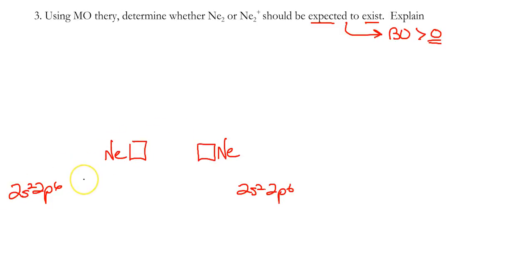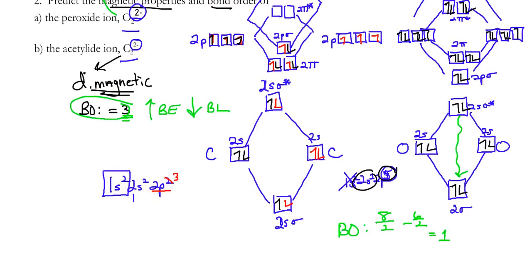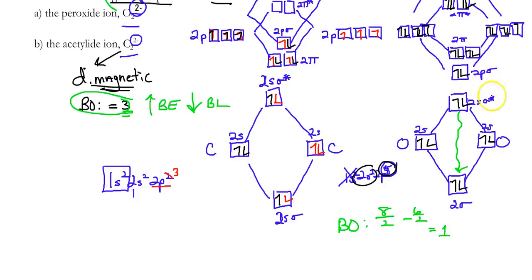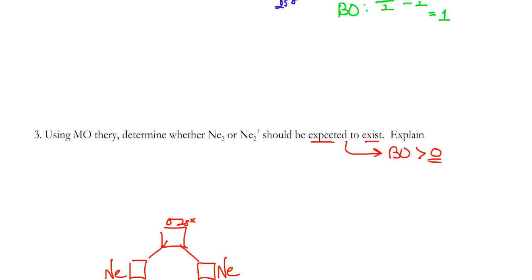If you can figure out, they would actually cancel out as well. So this is my 2s orbital. This is my antibonding sigma 2s orbital, and this, of course, is my sigma 2s antibonding. Okay, what else am I going to have here, party people? Well, neon is a lot like my oxygen, so we're going to have the 2p sigma being lower.